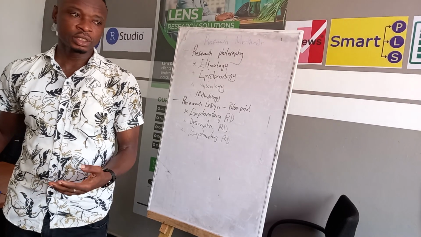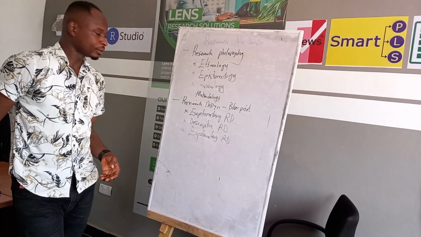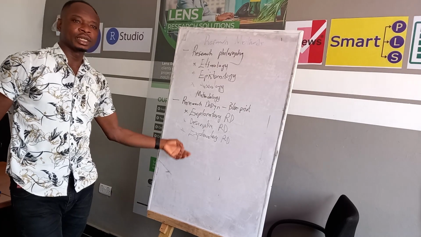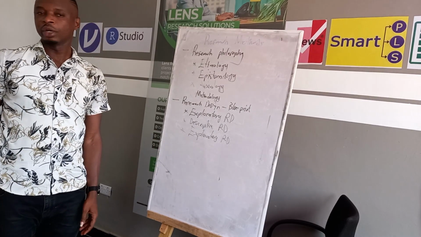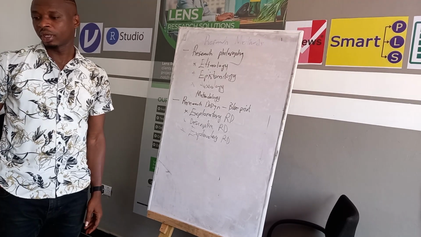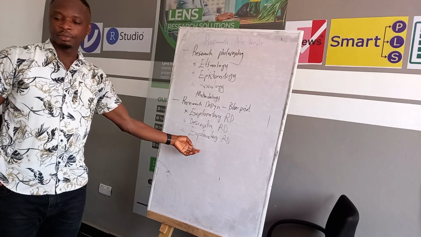So in most instances they require probability sampling techniques. Okay. So these are the three designs that are available. You can read more on them. I have some research method books that I will make available to you. Then you can read more about them.